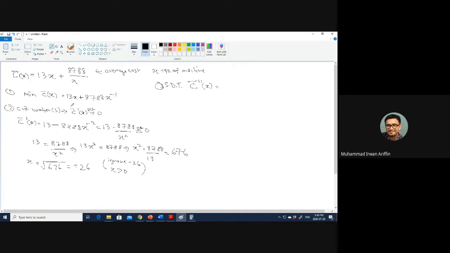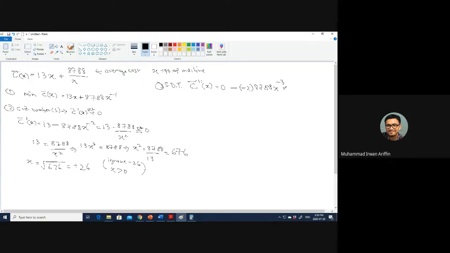So what is the second derivative? 13, there is no x here, so 0 for the first term, minus. Here we have x to the power of negative 2, so I'm going to bring negative 2 to the front, and I'm going to have 8788, and my x now would be to the power of negative 3.